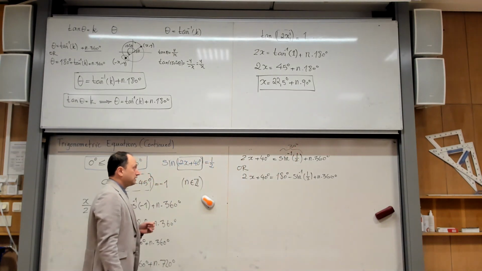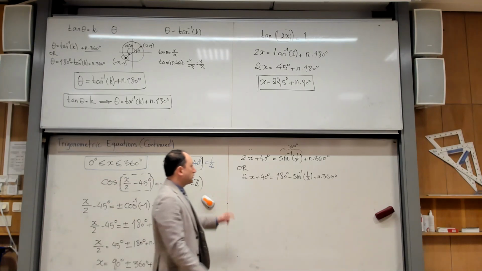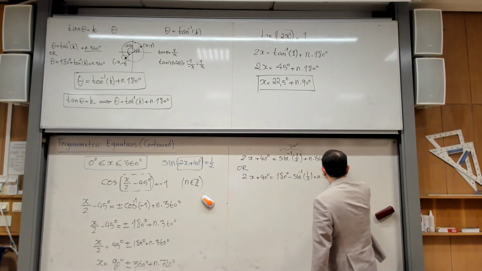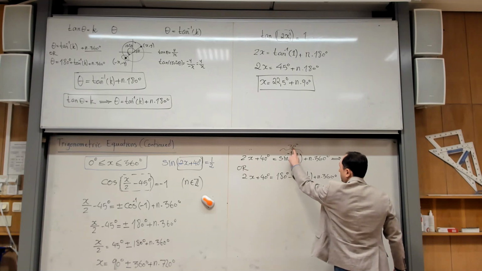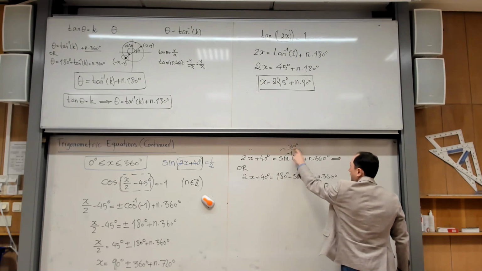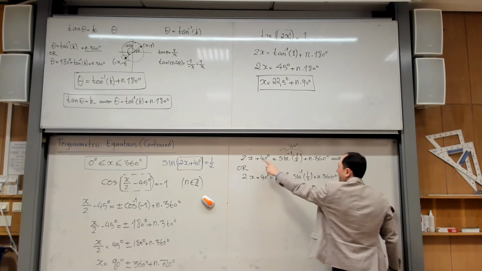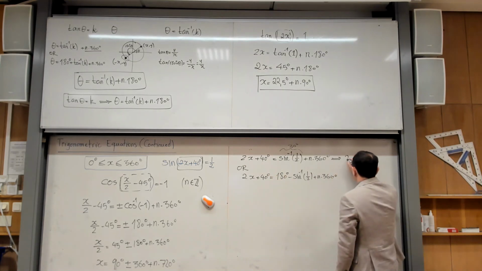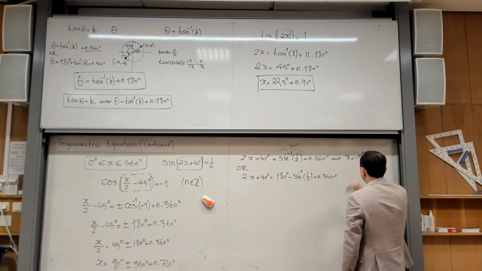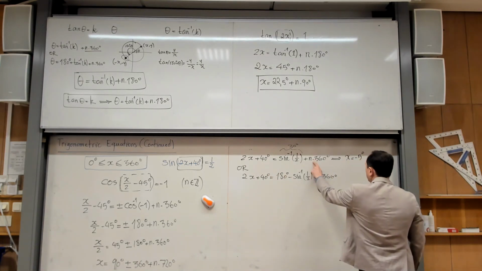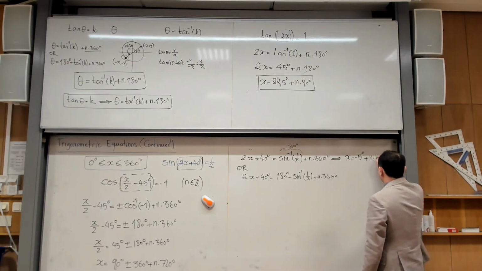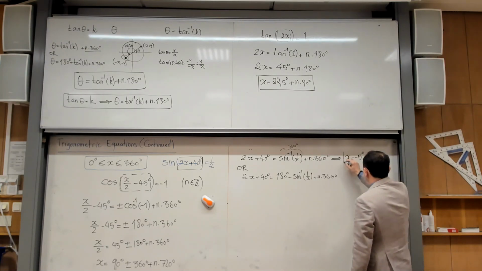Okay, so if that is 30 degrees, we can do it in our head, yes? Let us just do it in our head. So 30, I move 40 to the other side, it becomes minus 10, and I divide everything by 2, so it becomes minus 5. But this should also be divided by 2, so it becomes n times 180 degrees.